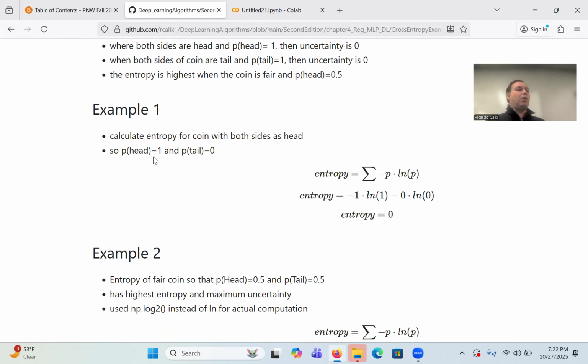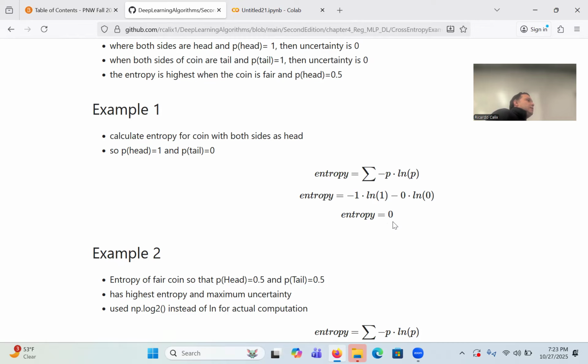So p head equals 1 and p tail equals 0. So no uncertainty, right? Notice we have a sum of all the outcomes. So minus 1 times logarithm of 1, that's the first one, plus negative 0 times logarithm of 0, because it's 1 minus 1, which is 0. So the entropy is 0.